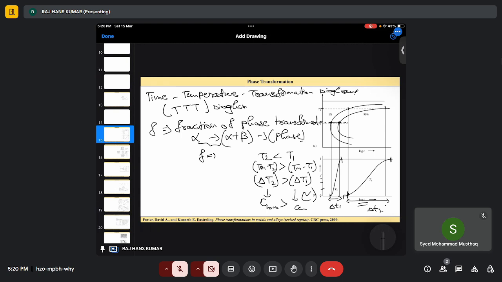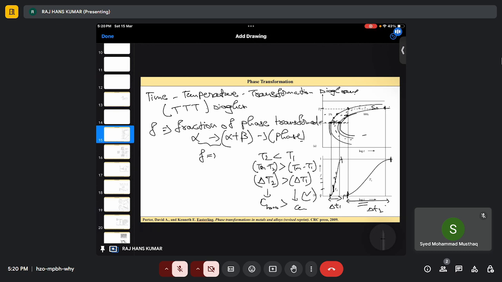If I try to draw these points for different temperatures, then they will look like two C curves, right? So this is my start one, and this is my end one, and in between you can have 50%, 20%, 10%. Let's say for 10%, this is my starting, so this point will come here. Here's my 20%, this will come here. 30, 50 here. So that is how we draw this TTT diagram.